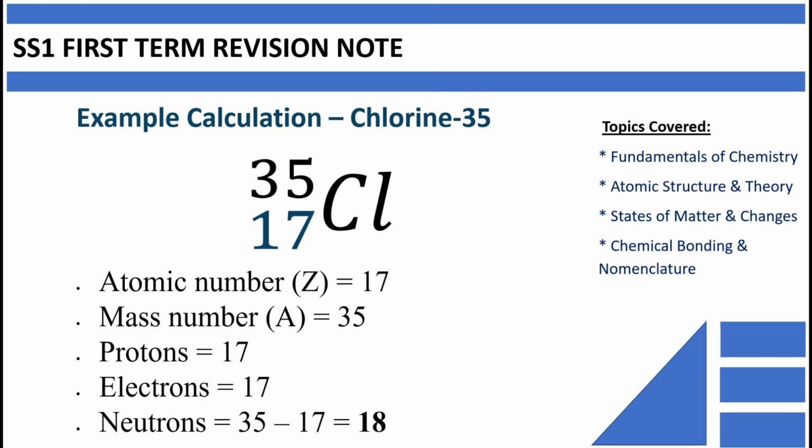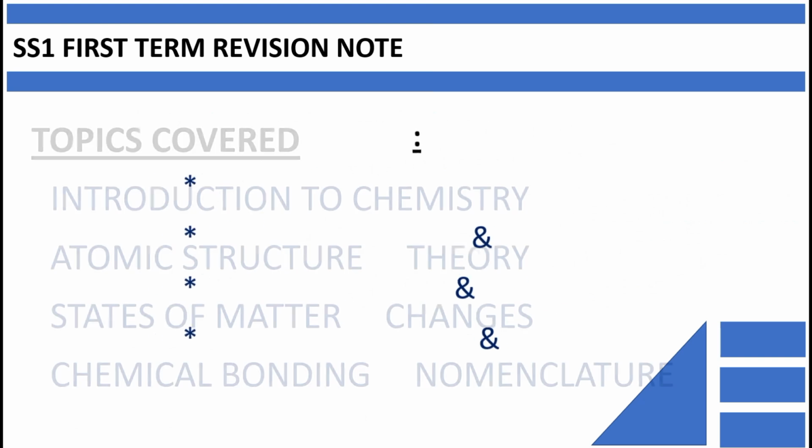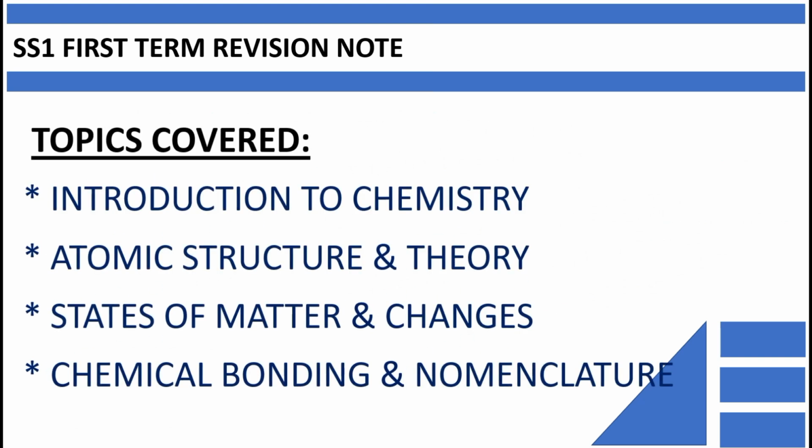You need to know that the atomic number is for an atom, which we know is a neutral particle. So the atomic number being 17 protons, it is also going to have electrons to be 17. So if we are looking for the number of neutrons, we go to the mass number, because the relationship between proton and neutron is found in mass number. So 35 minus 17 will give us 18 neutrons.